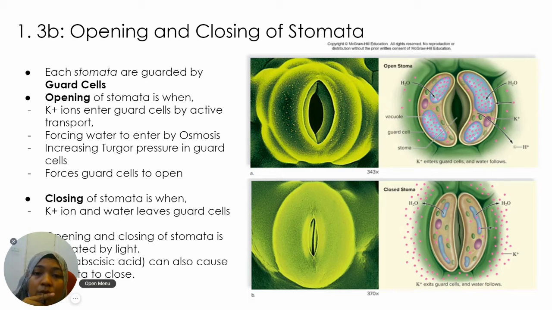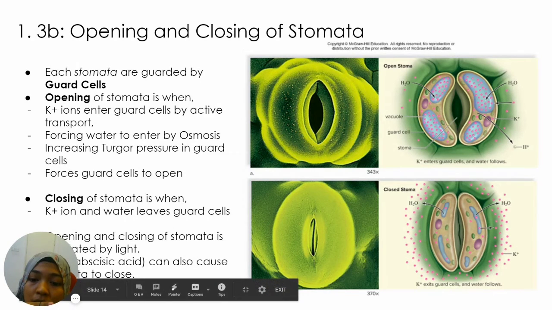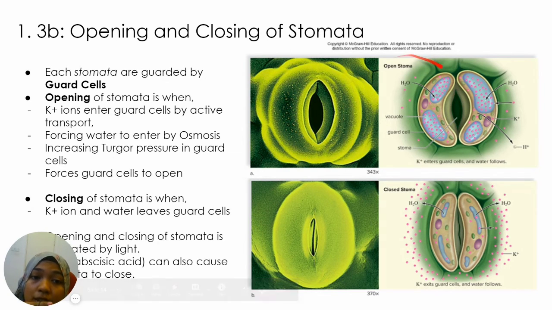So as we all know, each stomata is guarded by guard cells. Here, these two things that look like peanuts are guard cells. How does the stomata actually close and open?